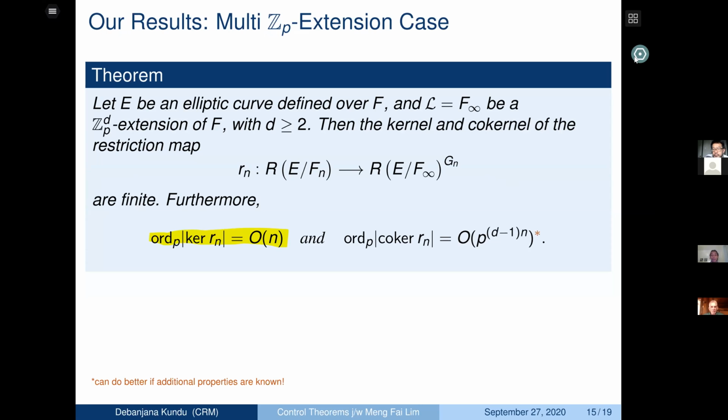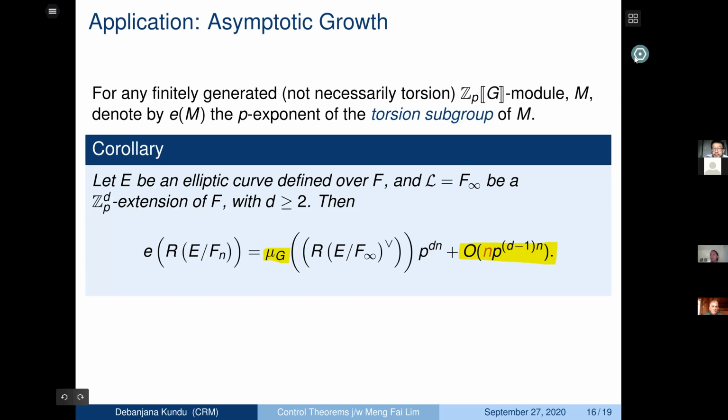It's coming from results essentially due to Cuoco and Monsky, where they were studying the asymptotic growth of the highlighted guy, and that has this big O of n p to the d minus 1 n. So in order to do better, we would have to work on Cuoco-Monsky's result, which seems to be very hard.